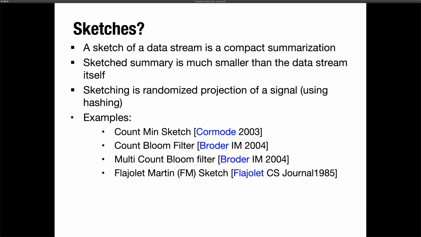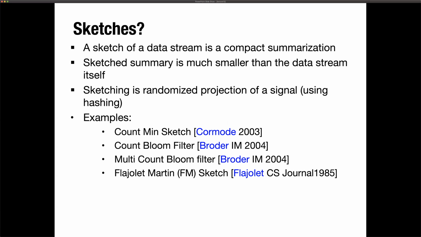So the Count-Min sketch, which came out in 2003, is very popular. Then the Bloom filter, which you have probably heard of in multiple contexts, and then the counting Bloom filter and multi-count Bloom filter, which are two different data structures. And then the Flajolet-Martin or FM sketches. As you can see, one paper came out in '85, and there was a lot of work in 2003 and 2004.